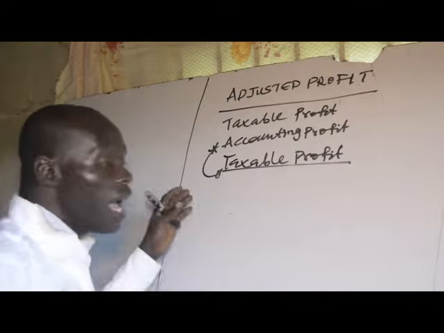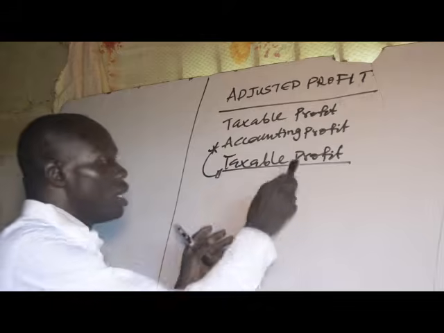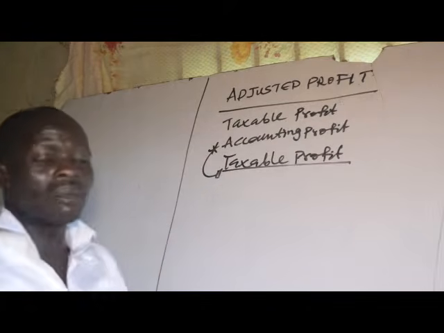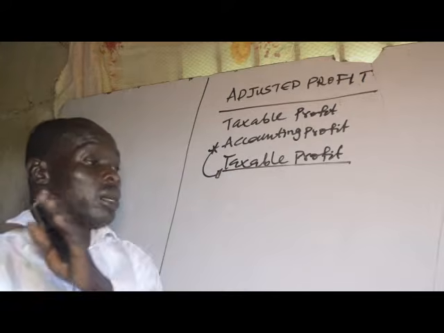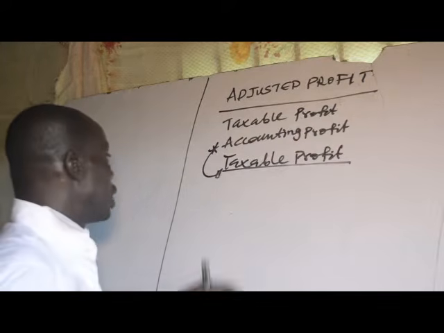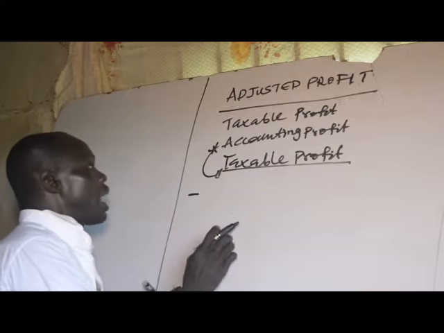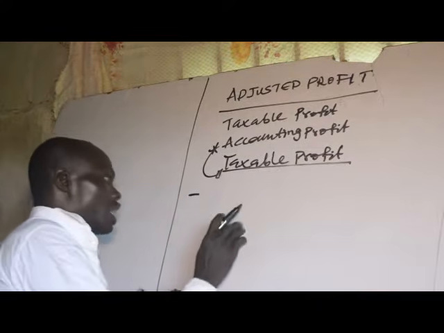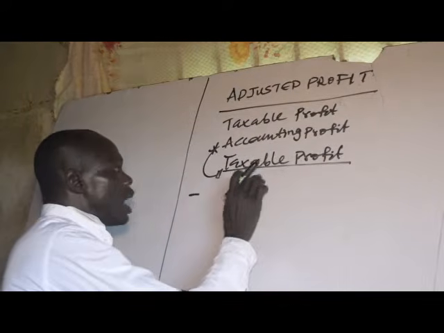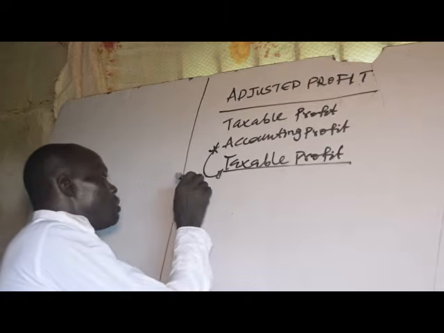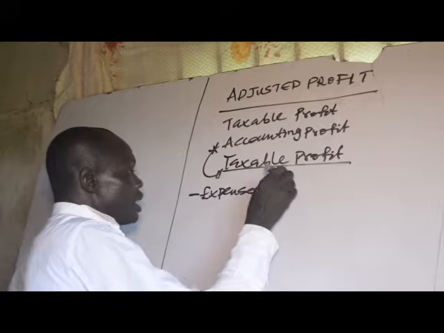Note there are some items that will require adjustments to get your taxable profit. Number one, we have the expenses that have been charged in the account but which are not allowable as deduction for tax purposes.